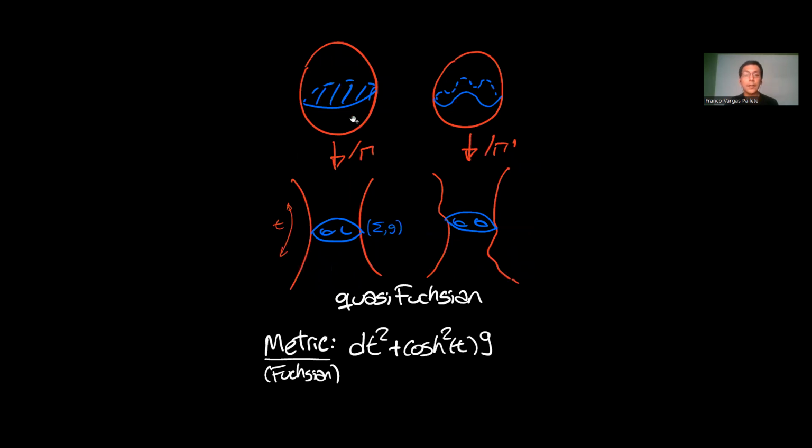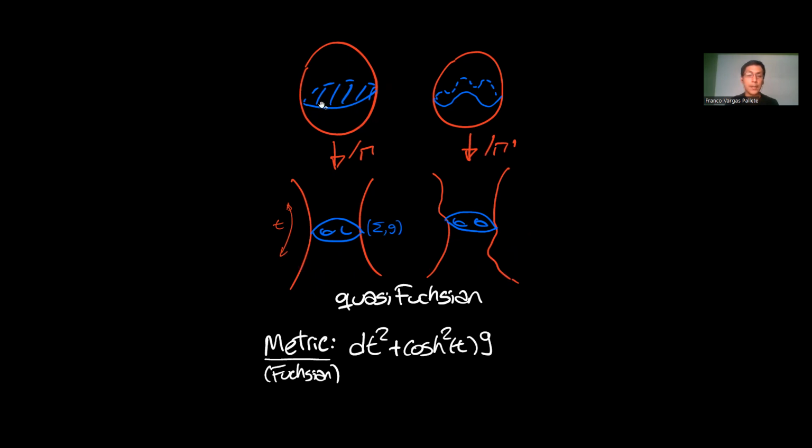So it turns out that as PSL2R can be identified with isometries of the hyperbolic plane, dimension 2, PSL2C can be identified with orientation preserving isometries of H3. So here, for instance, I have this hyperbolic plane inside this ball, which is representing hyperbolic space.